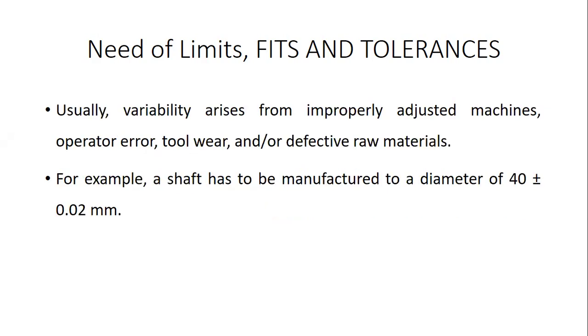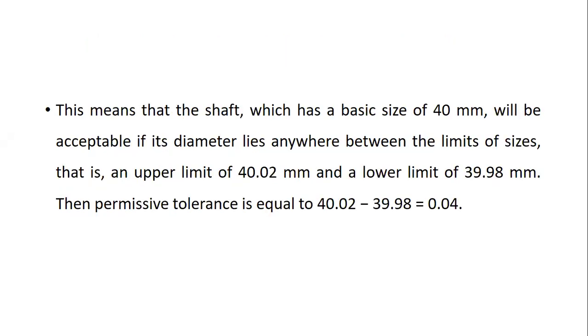Usually the variability arises from improper adjustment of machines, operator error, tool wear, or sometimes defective raw material. Here is an example. A shaft has to be manufactured to a diameter of, say, 40 mm plus or minus tolerance 0.02 mm. So what does it mean exactly?